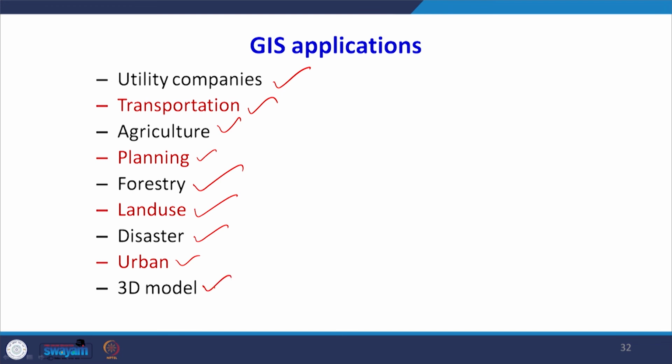Applications are much more than that. When we see this list, we find that in almost every domain, wherever the land or the earth surface is involved, it has application.